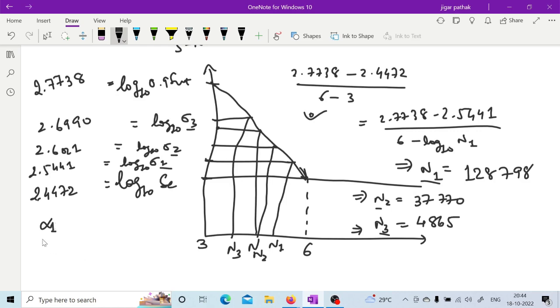What is that Miner's equation? Alpha 1 upon n1 plus alpha 2 upon n2 plus alpha 3 upon n3 is equal to 1 by n, right?